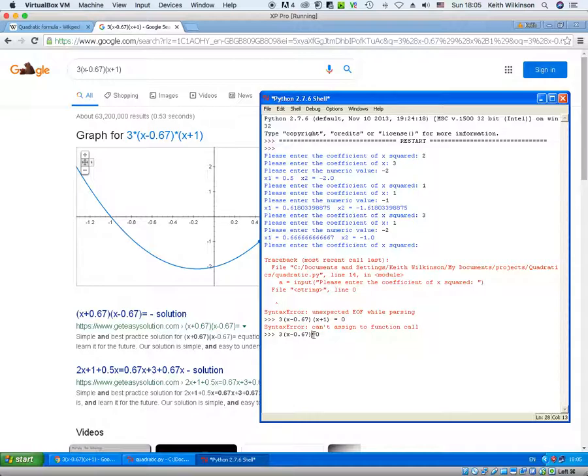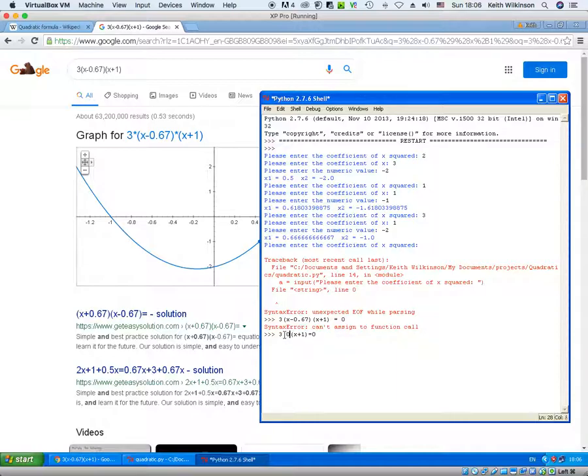And the same with the other side, so let's put that back. This whole bracket, this whole expression here, can only become 0 if that x there is 0.67. Then all of that works out to be 0.